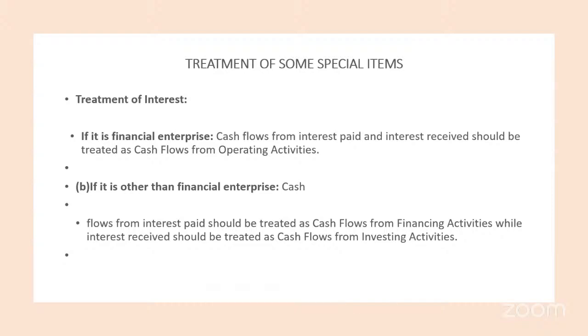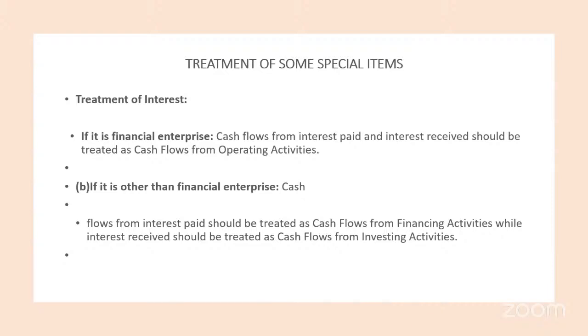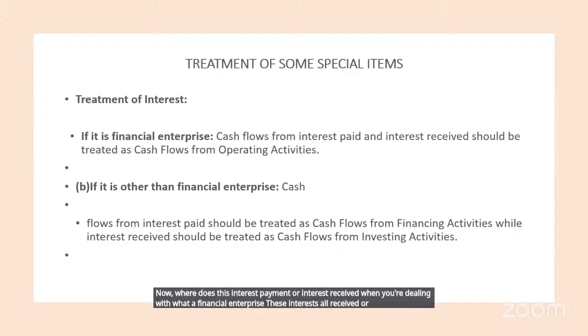Now, where there is interest payment or interest received when you're dealing with a financial enterprise, this interest received or paid is treated as an item under the cash flow from operating activities.